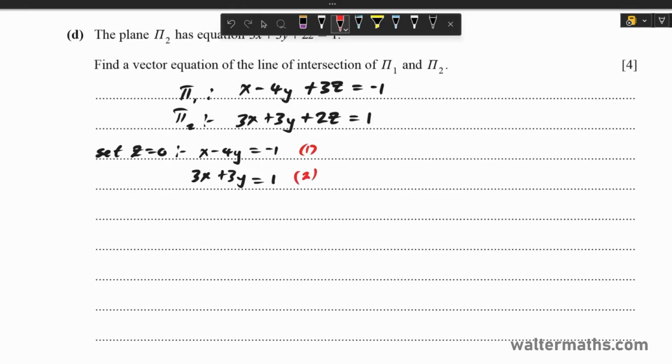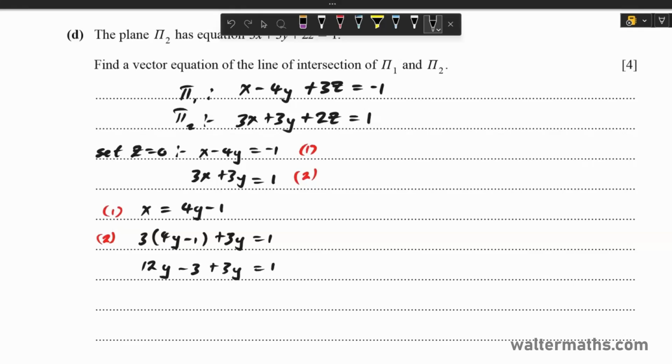From equation 1, I'm going to make x the subject. So x is equal to 4y minus 1. And I'm going to substitute that into 2, where we'll be having 3 of 4y minus 1 plus 3y equals 1, which is 12y minus 3 plus 3y equals 1, which is 15y equals 4. And we get y to be 4 over 15.